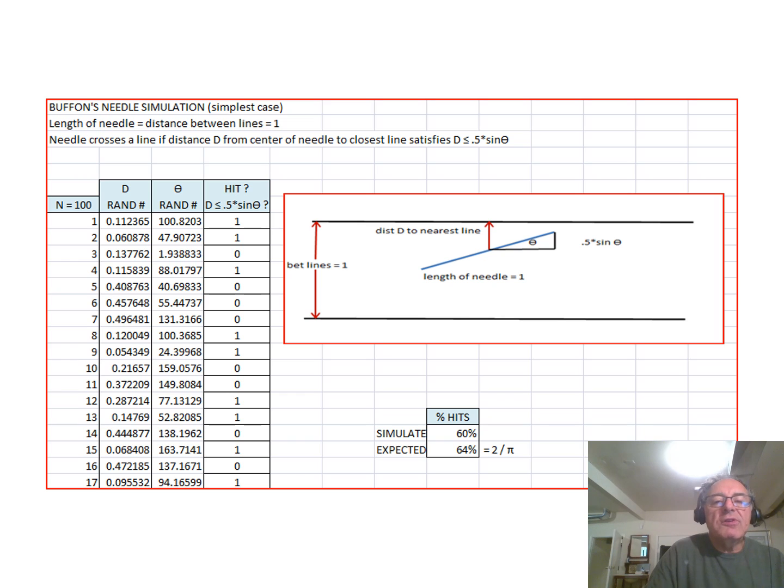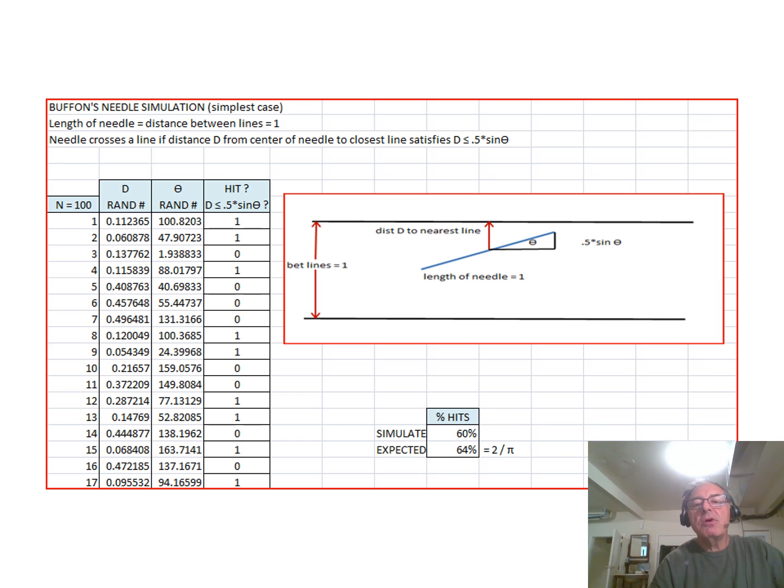His problem is, if you have lined paper, such as a lined piece of loose leaf paper, and you randomly drop a needle on it, the percent of times that the needle crosses one of the lines has a particular formula, and the formula in the long run will equal something like 2 divided by pi, and therefore this gives you an experimental way to approximate the value of pi.